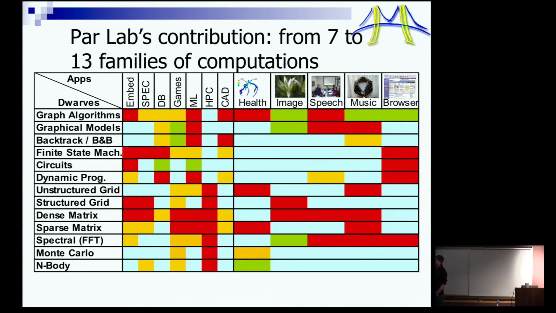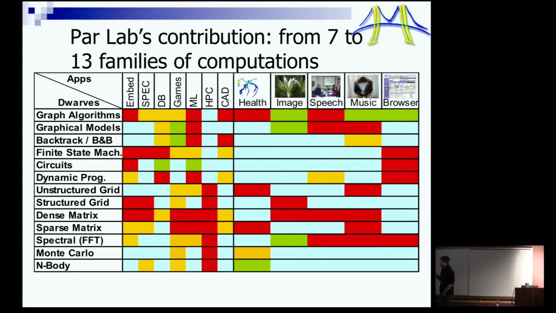And what they did was they considered a number of applications that they were experts in, such as databases, machine learning, HPC, well, we talked about HPC, but computer-aided design, and also these kind of emerging applications. And they identified where the computations occur in these applications.